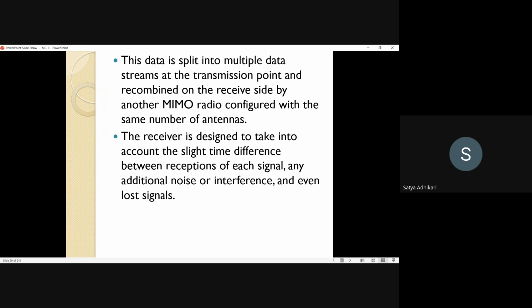Okay, so you see, the data is split into multiple data streams at the transmission point, and obviously it is recombined on the other side, the receive side, by another MIMO radio configured with the same number of antennas. The receiver is designed to take into account the slight time difference between the receipt of each signal, any additional noise or interference, and even lost signals.